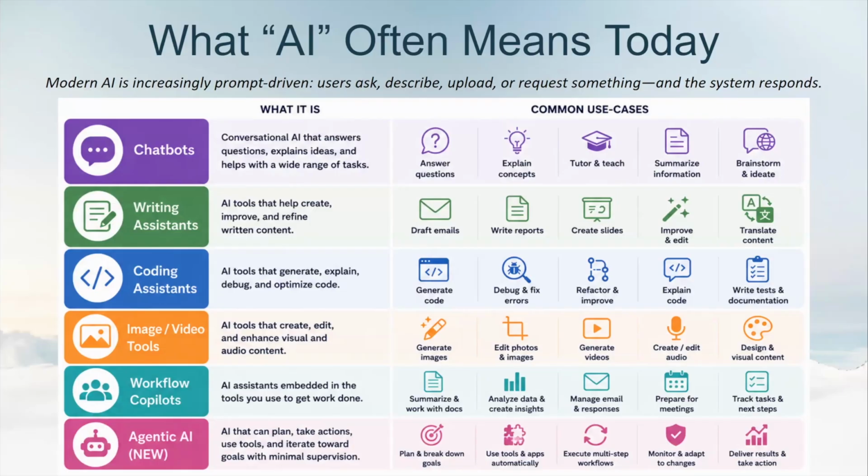It's just sort of this workflow of like ask, compute, and receive. So now when people say AI, they really mean like chatbots, coding assistants, image and video tools, image generation, video generation, workflow co-pilots, and the new one, which is agentic AI, and we're going to be showing that off in the interactive demo later on.